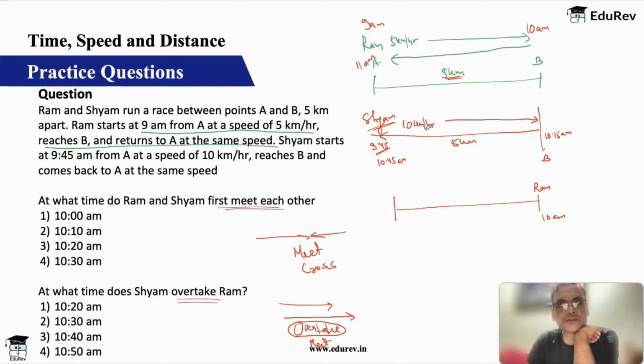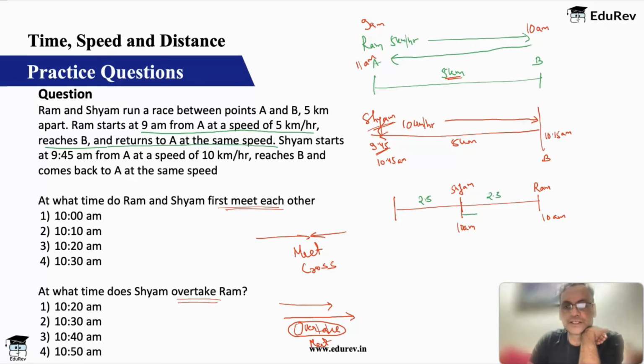In half an hour, he does 5 kilometers. In 15 minutes, he will do 2.5 kilometers. So Shyam will be here, midpoint, at 10. And the distance between them, this is midpoint, so this is 2.5 and this is also 2.5.